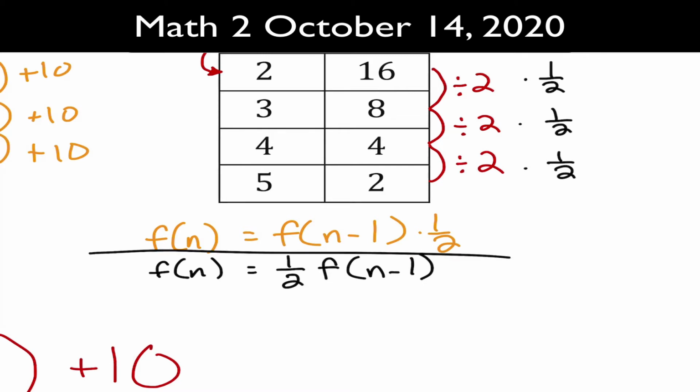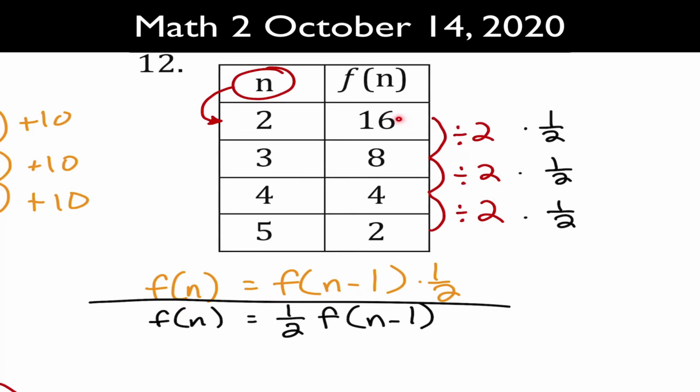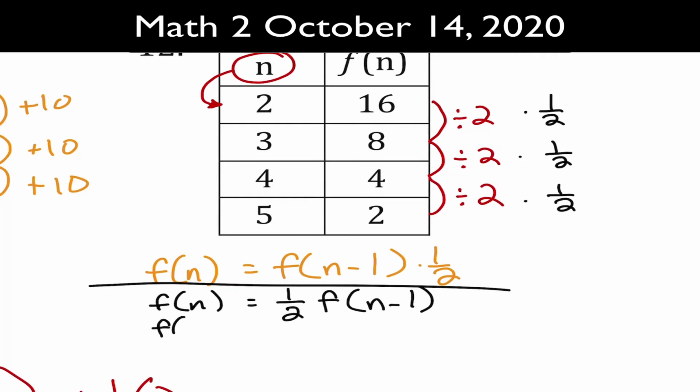And then we also need to define the first term that we've given. So we can kind of look and say, well, if n at 2 was 16, 3 was 8, I can go back and say n at 1 was 32 maybe. But because we weren't given that in my table, let's not just assume that that is true, okay? So let's put down, instead of f of 1, f of 2.